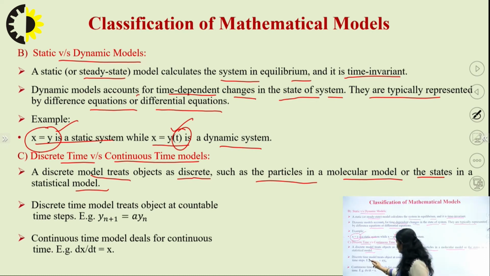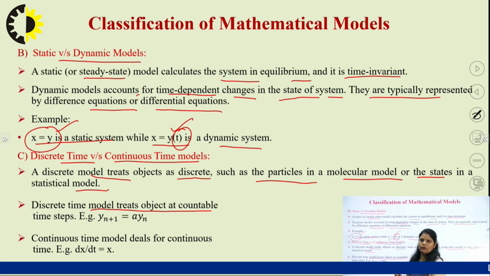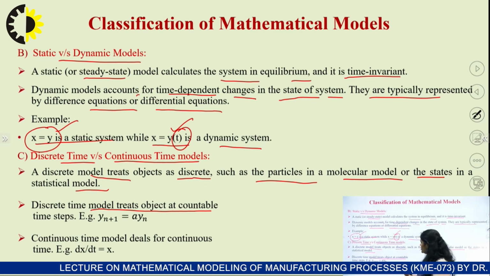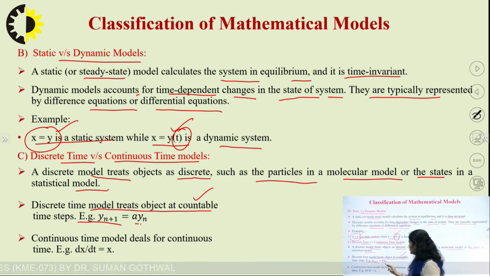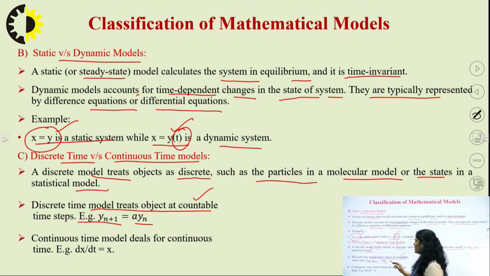So, these are basically countable. These events are not happening continuously, they are happening in time intervals. So, we can count them. For example, y(n+1) = a*y(n).